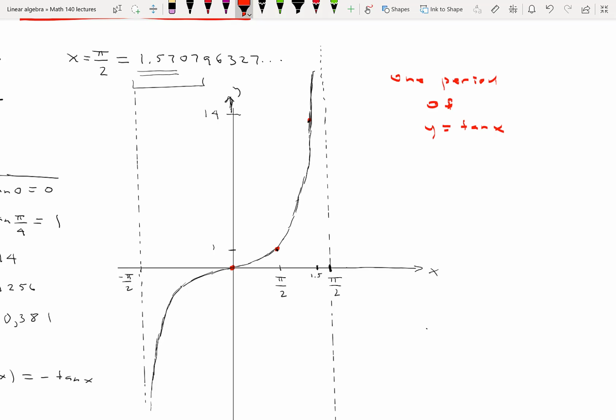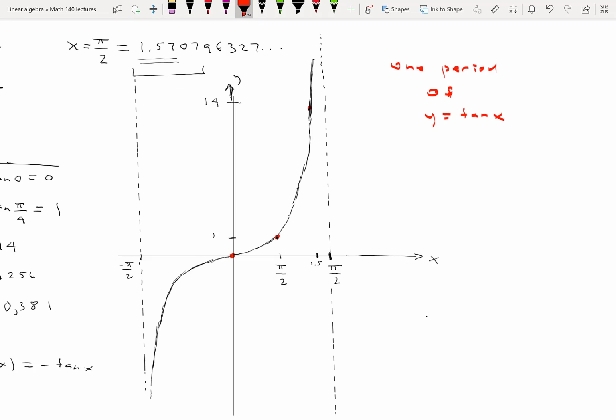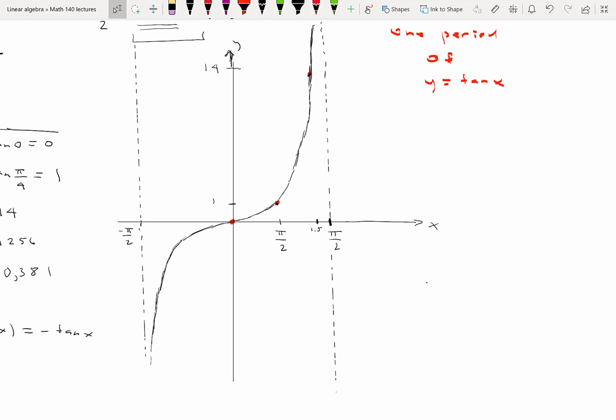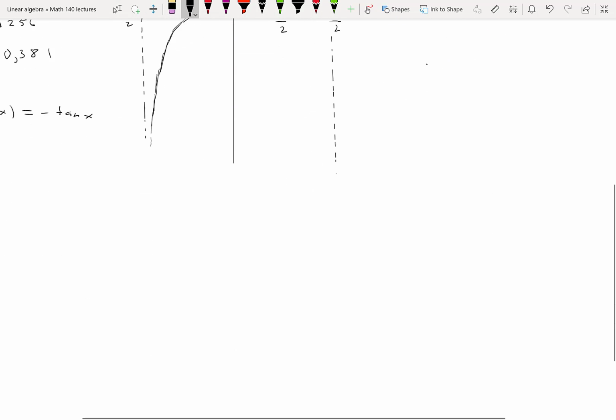How do I know it doesn't have more of a shape to a period? What's the distance between negative pi over 2 and positive pi over 2? The distance between those two asymptotes is pi, and that's the period of the tangent function. So you are looking at one period of the tangent function. Okay, so you definitely ought to memorize that.